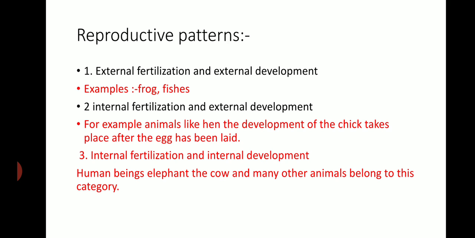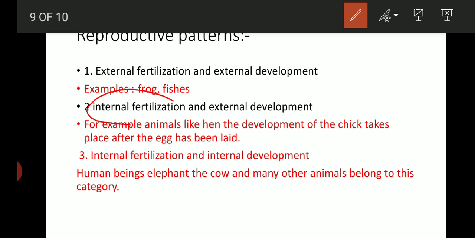The second category is internal fertilization and external development. Sperms are passed from the male into the female body, and the fertilization takes place within the female body. The zygote formed after fertilization is surrounded by some secretions, some fluids, along with some reserve food and a shell. This helps in the development and protection of the growing embryo.